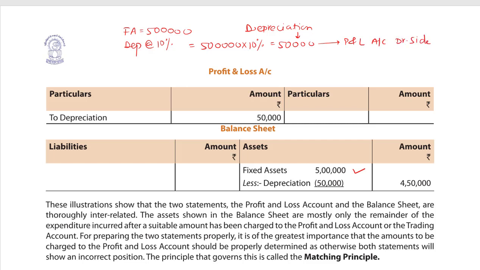It is a non-cash expense, and because there is a reduction in the value of the asset, 5 lakh minus 50,000, the closing value of 4 lakh 50,000 would be shown in the balance sheet. In the profit and loss account this is an expense, though a non-cash expense, a nominal account, shown in the debit column.